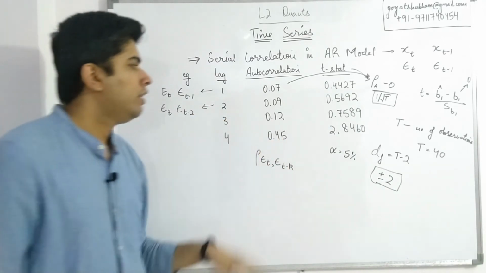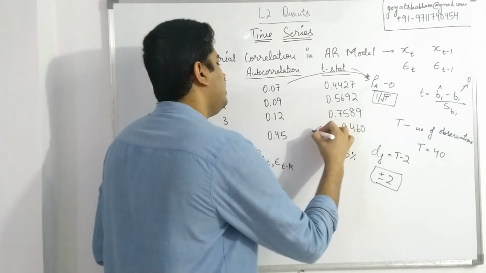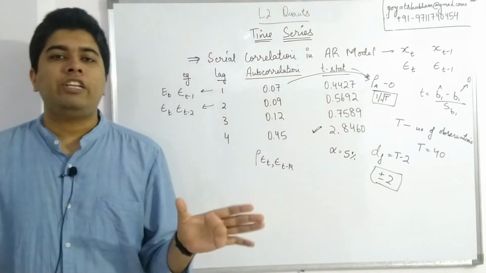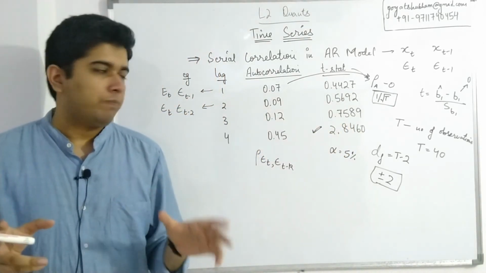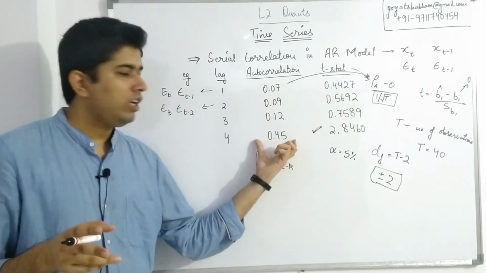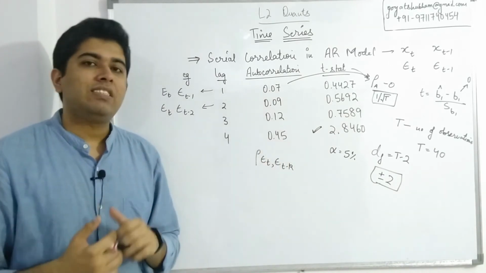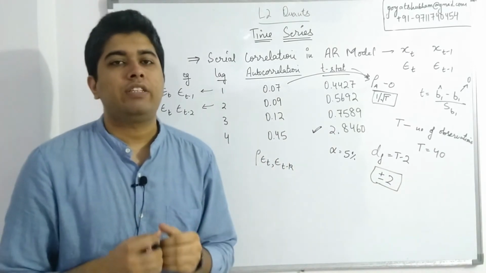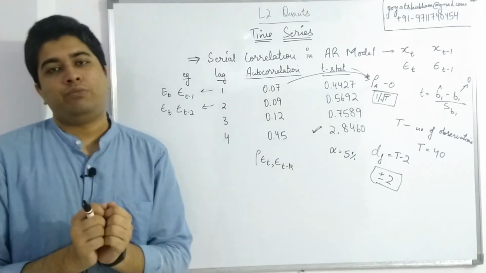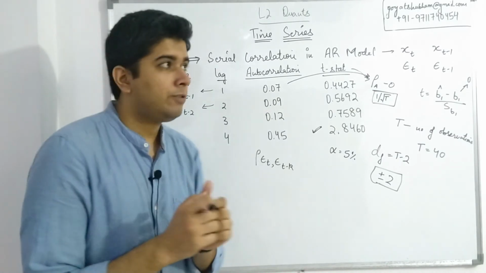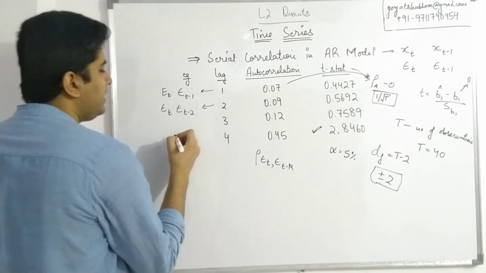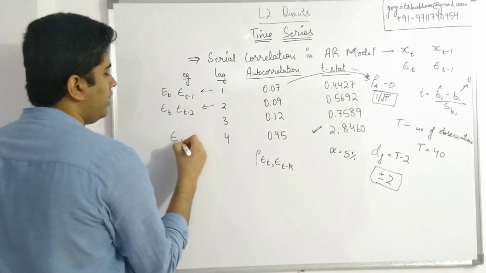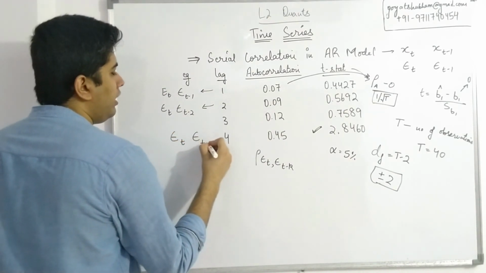If you look carefully, it's the 4th t-stat value which is beyond the range of plus minus 2, which means this correlation of 0.45 is statistically significant. This is different from 0, which means there is serial correlation between error terms t and t minus 4.